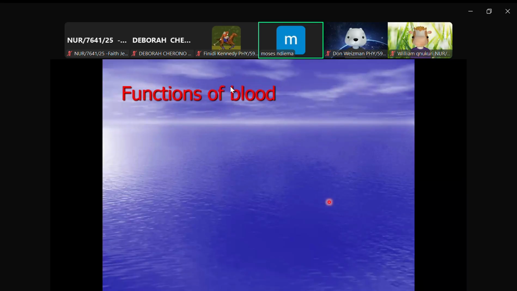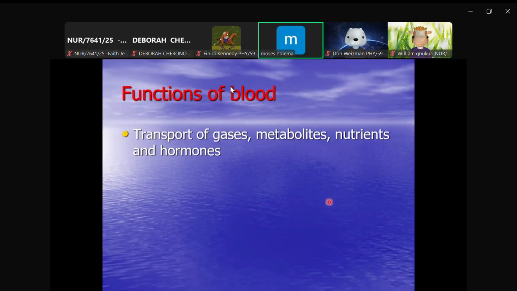So let's look first at the functions of blood. Why do we need blood? Hence, we look at the functions of blood, and we noted that it's very important in the transport of gases. Both oxygen, primarily transport of oxygen to the lungs and to the tissues, and also transport of carbon dioxide in the dissolved form.